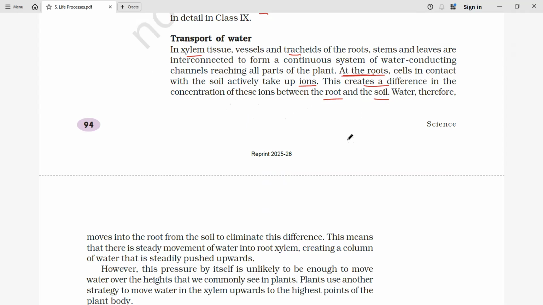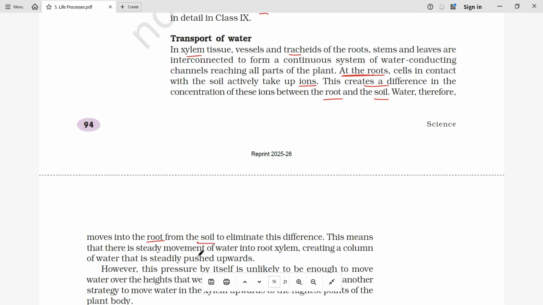So when you study that whenever potential difference takes place, flow of current takes place. So in the similar way, here now concentration is going to change in the soil as well as in the root. So due to that, water is going to move into the root from the soil, so that this difference will be overcome.